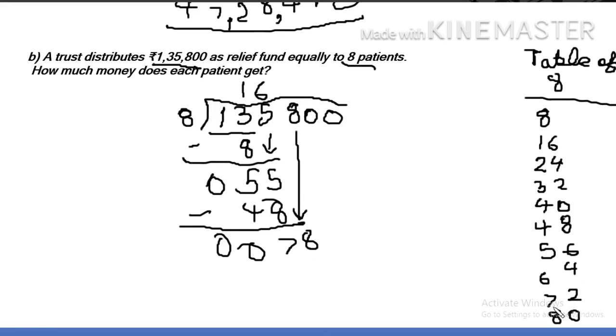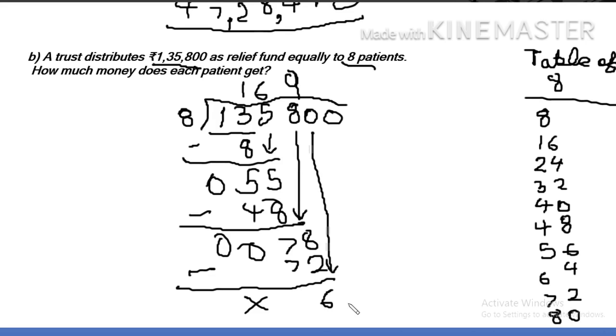And 78. We will take 72, 9 times. 72. Subtract it. 8 minus 2 is 6. Then copy 0. 60.